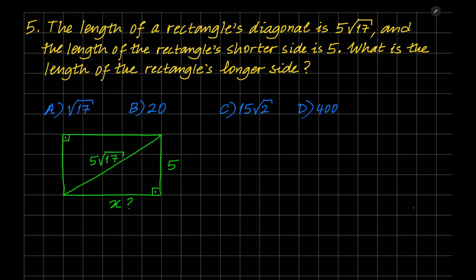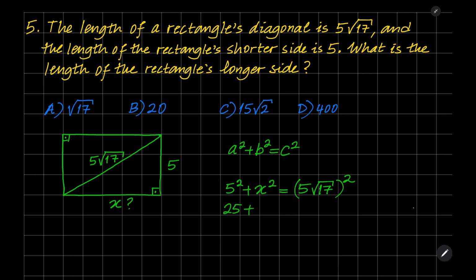The Pythagorean theorem, a squared plus b squared equal to c squared, can be used here. So 5 squared plus x squared is equal to 5 root 17 squared.